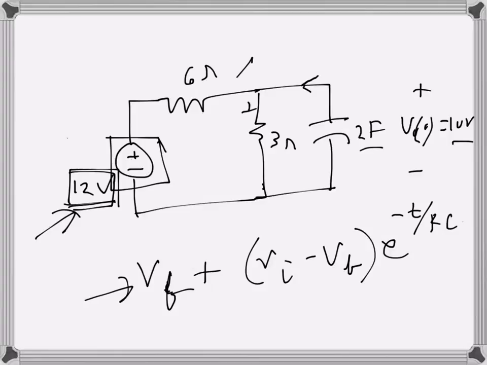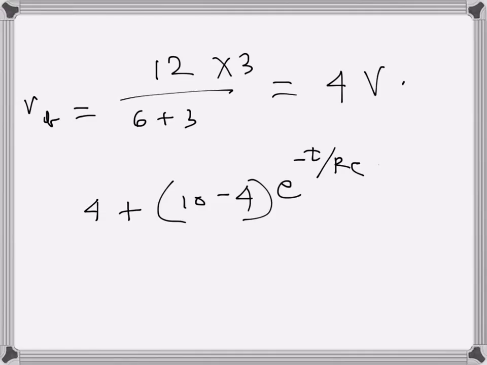Then the resistance that the capacitor sees is the parallel combination of 6 and 3. So 6 parallel 3 is 6 times 3, 18, divided by 6 plus 3, 9, so that's 2 ohms. So RC will be, R is 2 and C is 2, so that will be 4. So this is 4 plus 6 e to the power minus t over 4.